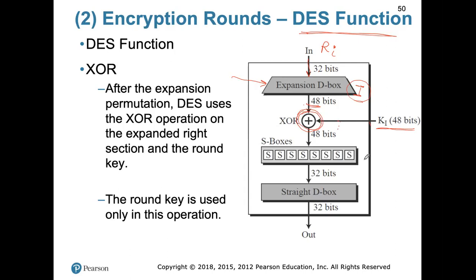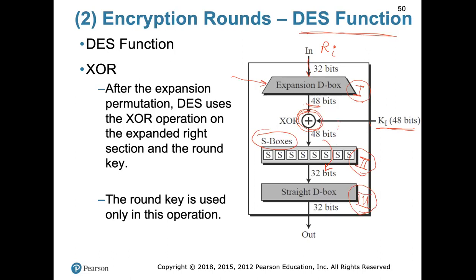And then the second step, or the second phase of this DES function, is called the S-box, or substitution box. There are 8 different substitution tables, and for every 6 bits, we get 4 bits. So this substitutes the data and at the same time compresses it. It takes 48 bits and makes 32 bits again. And then the third step is called the straight D-box.